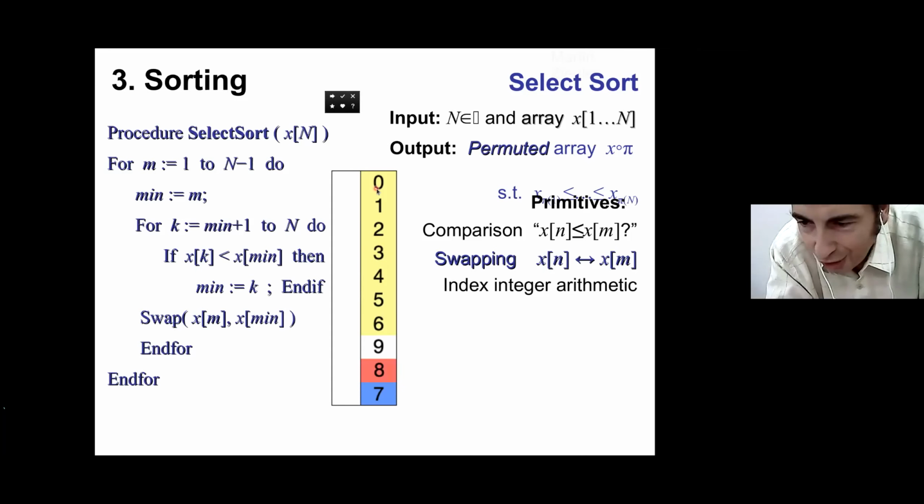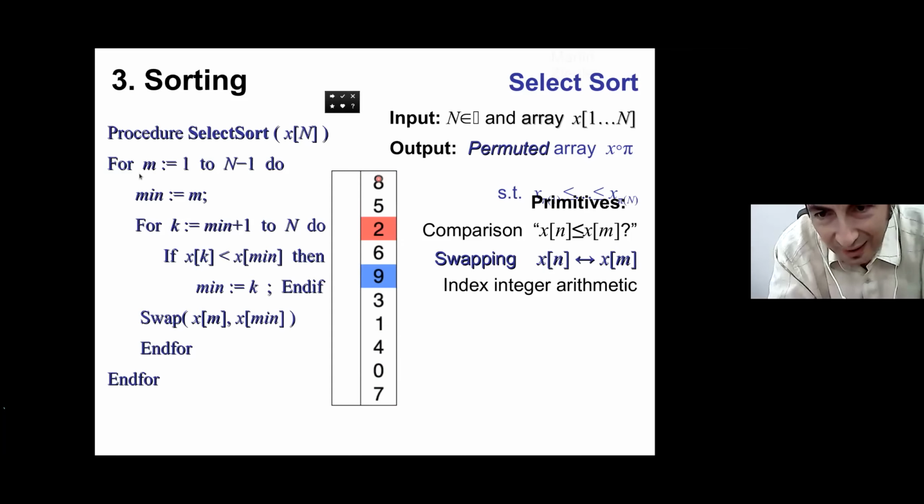So the yellow elements here are x1 to xm minus 1. These are the already sorted elements. What you see in red is x min, and what you see in blue is xk. Now see, every time the blue goes over something which is smaller than x min, it changes the x min.